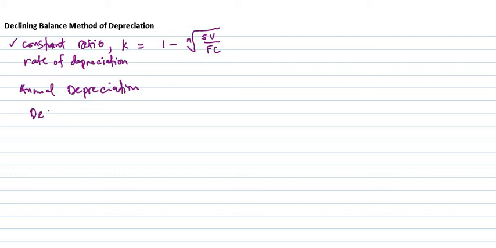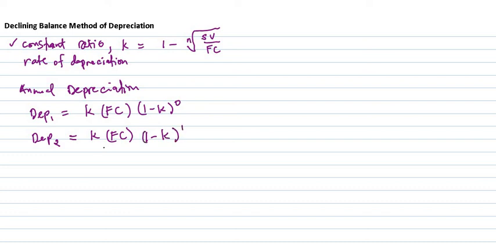So we have the first year depreciation, Dep sub 1, equivalent to the constant ratio times the first cost times 1 minus K raised to 0. This is how we compute the first year depreciation. For the second year depreciation, we have K times the first cost, where K is the constant ratio, and then 1 minus K raised to 1.